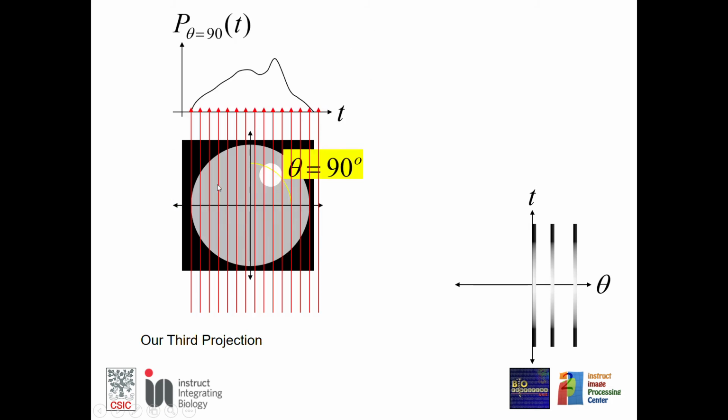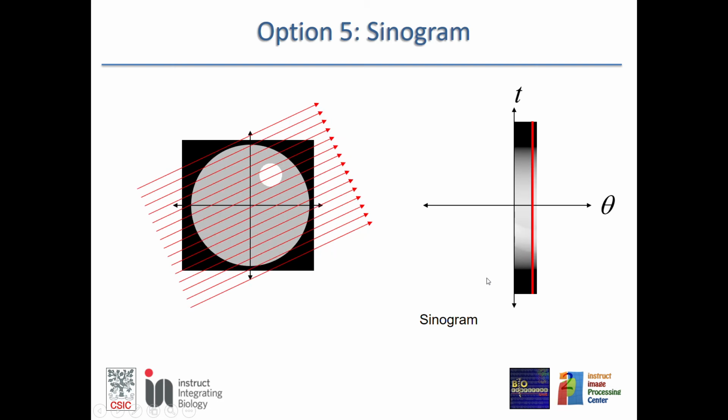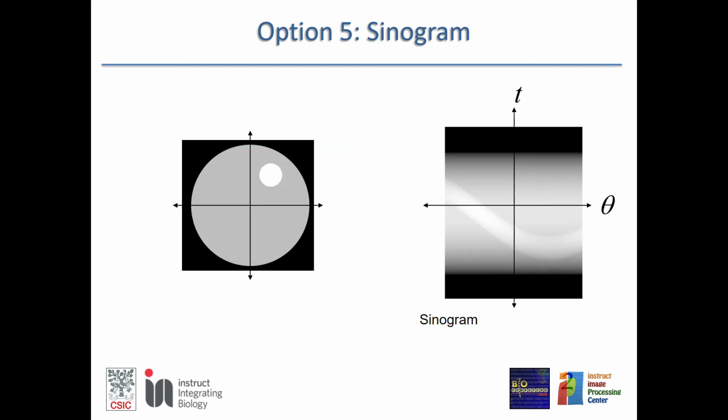And I can make the projection at 90 degrees, and in general I can do it at any possible angle. I have transformed my 2D image into a 2D function, but now the axes of this 2D function are different. This is x and y, this is theta and t. Theta is the angle at which I have projected, and t is the distance to the origin of the 2D object. So this new construction is called the sinogram.